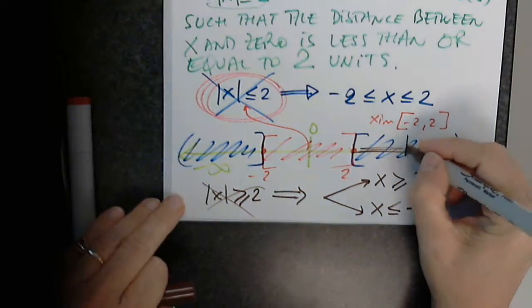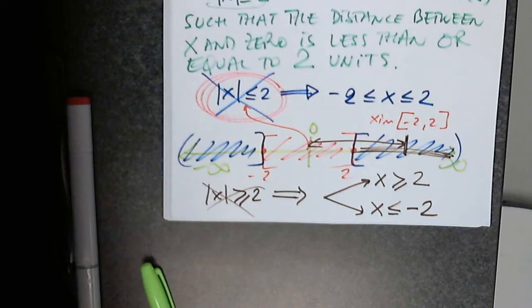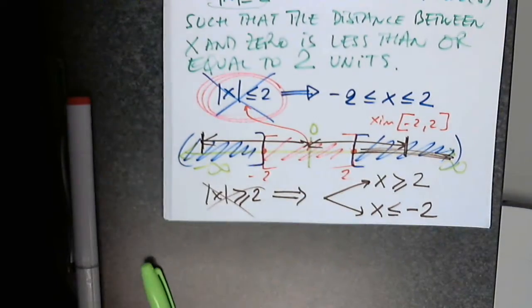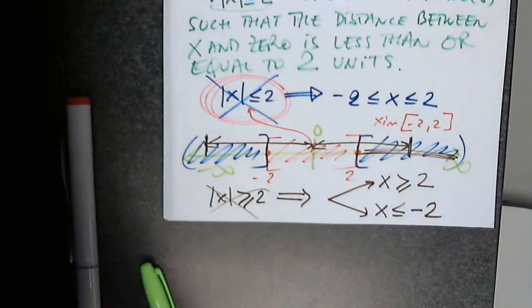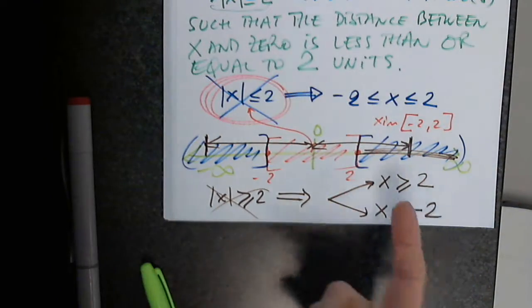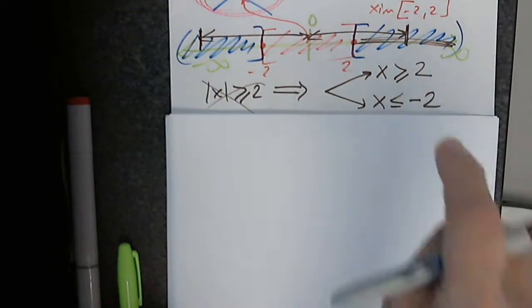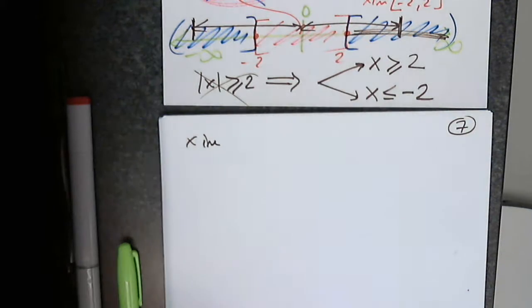Because a number here definitely has a distance from 0 much bigger than 2. And the number here, definitely it has a distance from 0 bigger than 2. So I'm looking for numbers to the right of 2 or numbers to the left-hand side of negative 2. In this case, how do I write the solution? And Heather already told us. So how do we write the solution for this? X in the interval.